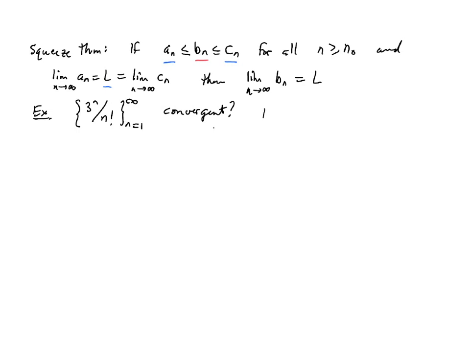So we're going to write out some terms. So when n equals 1, we have 3 over 1. Right? 1 factorial is 1. When n equals 2, we have 3 squared, so 3 times 3 over 1 times 2. That's 2 factorial. When n equals 3, we have 3 times 3 times 3 over 1 times 2 times 3. And I'm going to write out a few more terms like this.